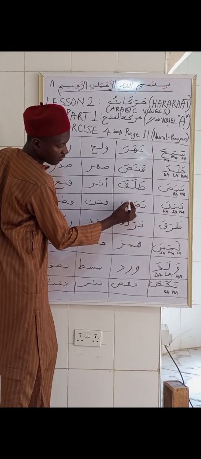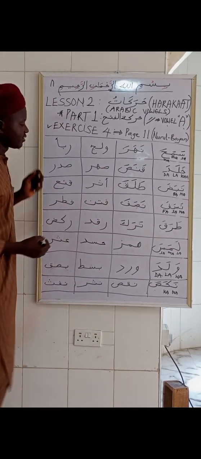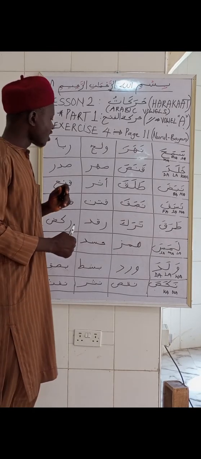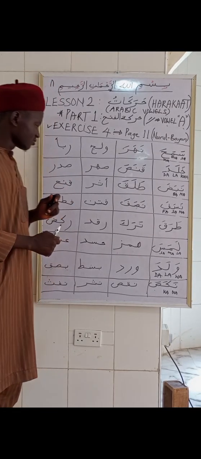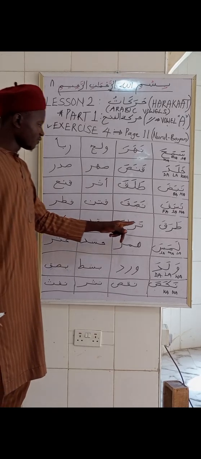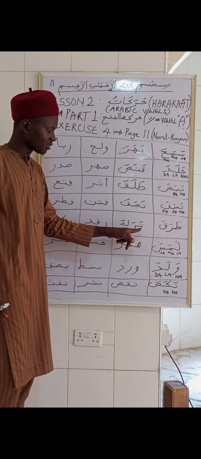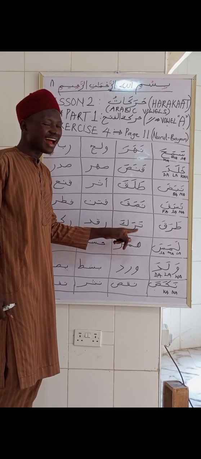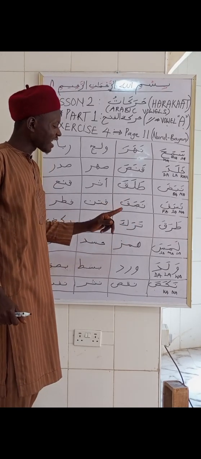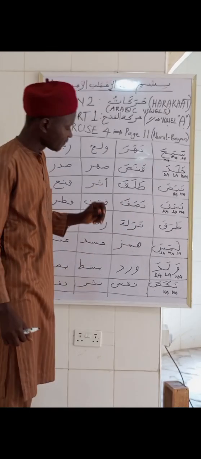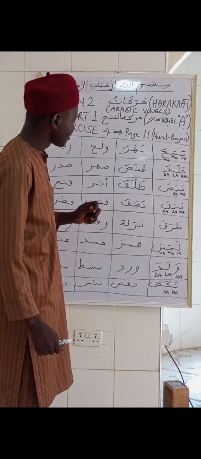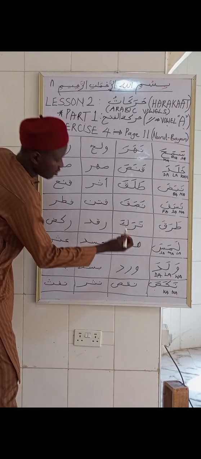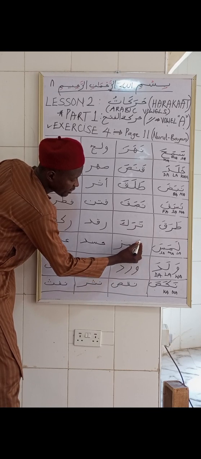No sofa. Good. If people are getting it, we are moving. This is going to be what? Tarako. Taraka. Good. Beautiful.